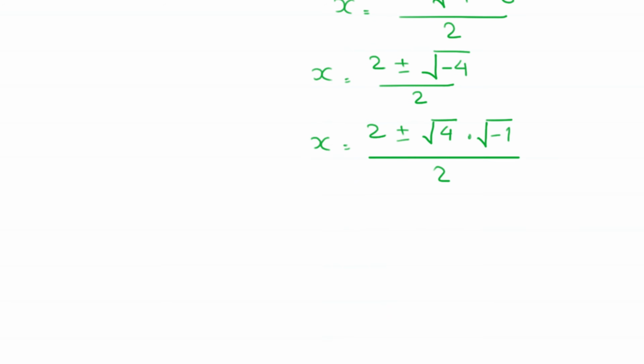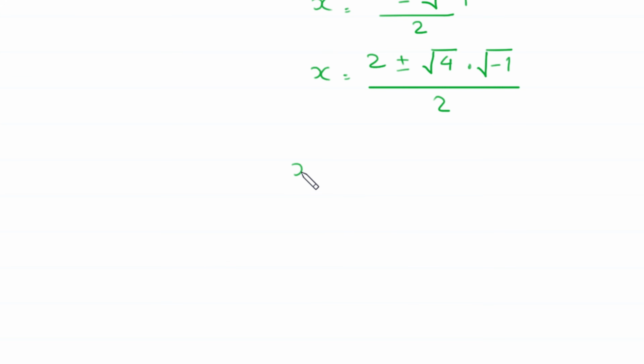Next x is equal to 2 plus or minus square root of 4 is 2, and this square root of negative 1 is equal to i, divided by 2.